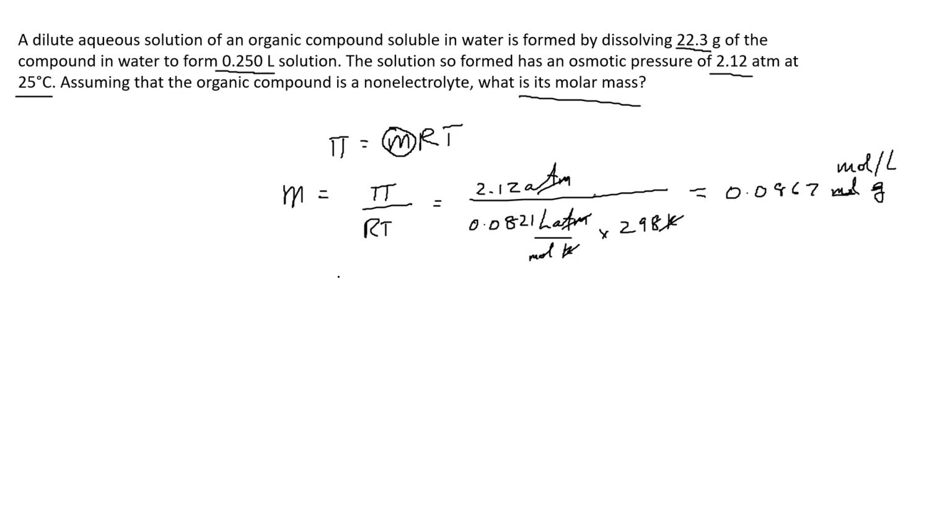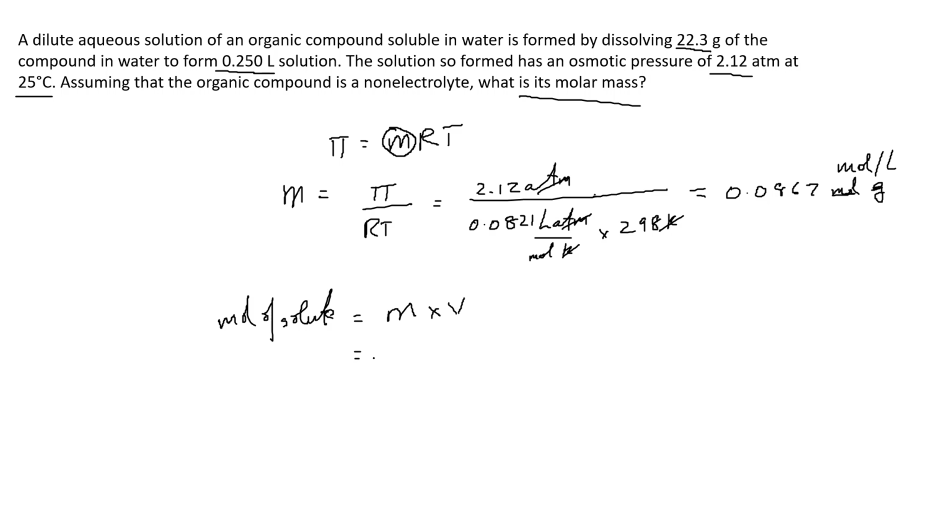Okay, so the next step is, now that we know what the molarity is, how do we determine the molar mass? Well, we know that the moles of the solute can be calculated by simply multiplying the molarity by the volume in liters of the solution.